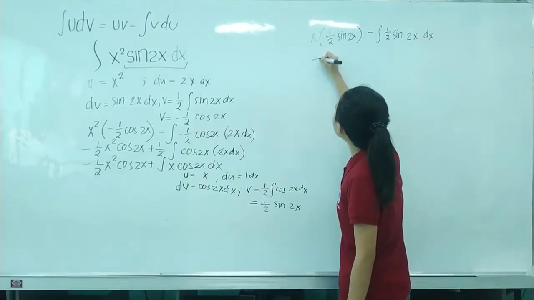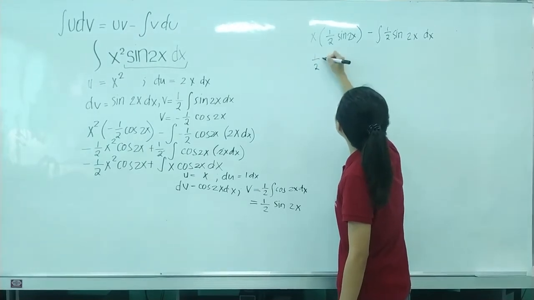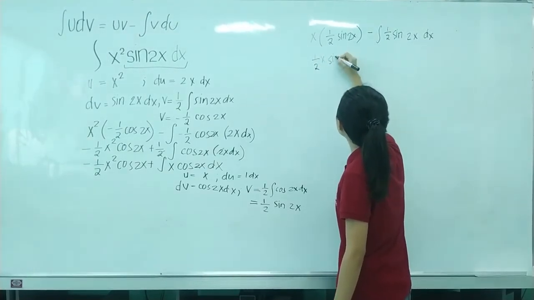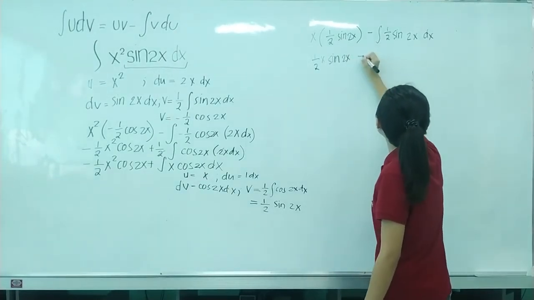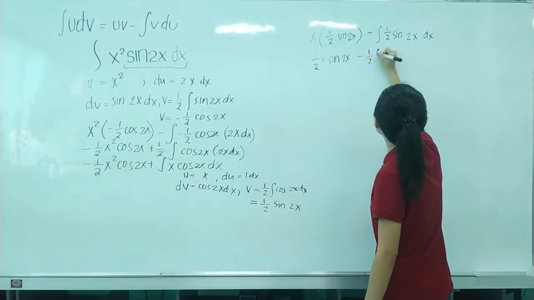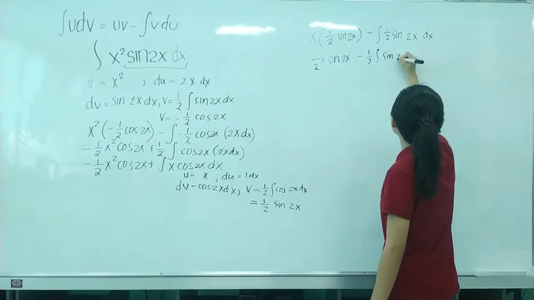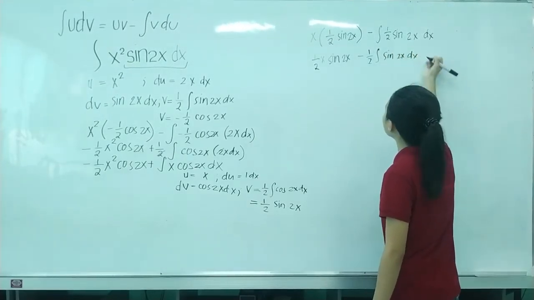Simplifying it, we will have 1/2 x sine 2x minus 1/2 integral of sine 2x dx.